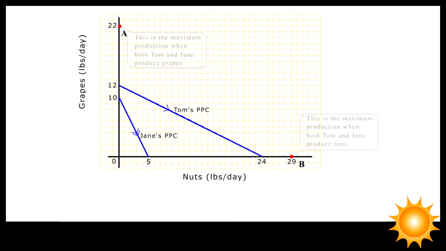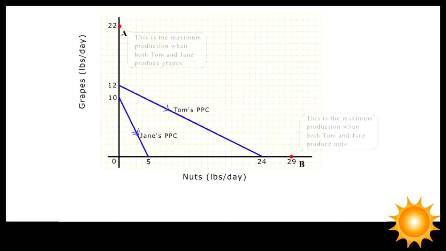Starting from the vertical intercept A, where only grapes are produced, if we want to have some nuts, the producer that has the comparative advantage in producing nuts, Tom, should be the one to do so.